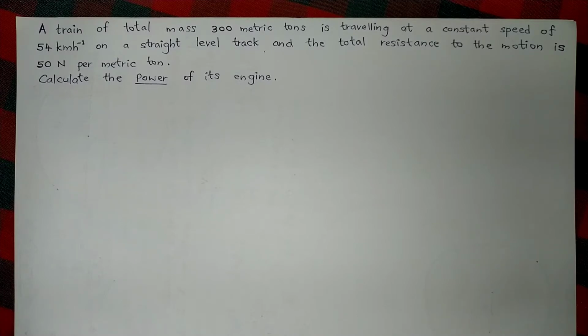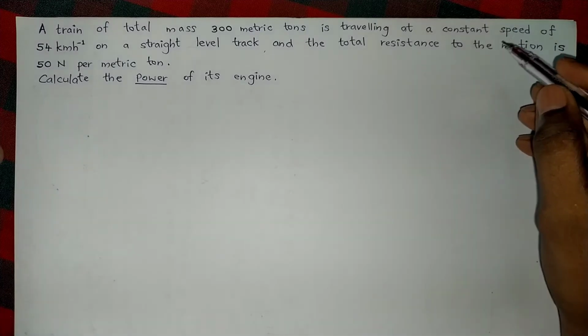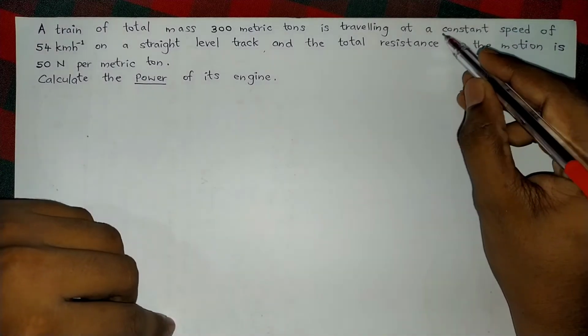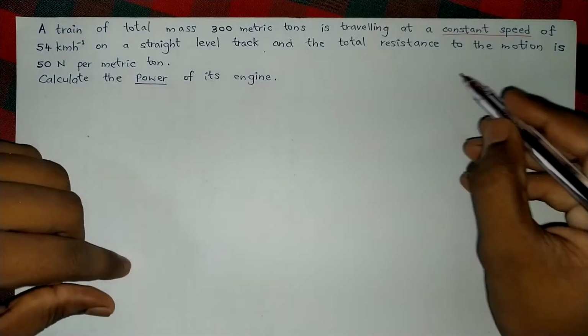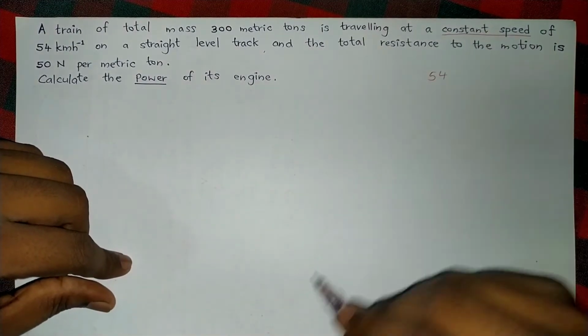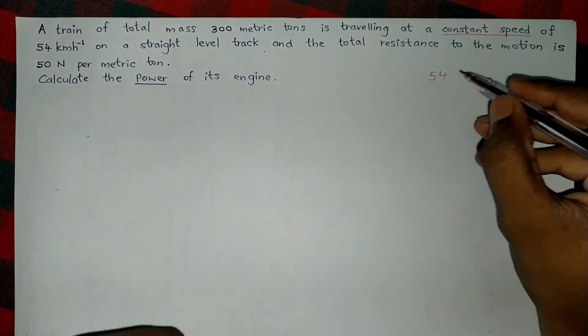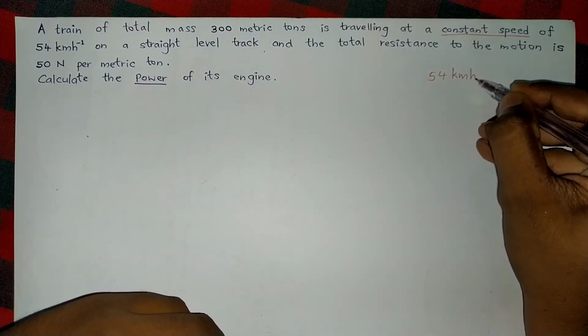So the most important thing given in the question is that the train is traveling at a constant speed. Constant speed is 54 kilometers per hour.